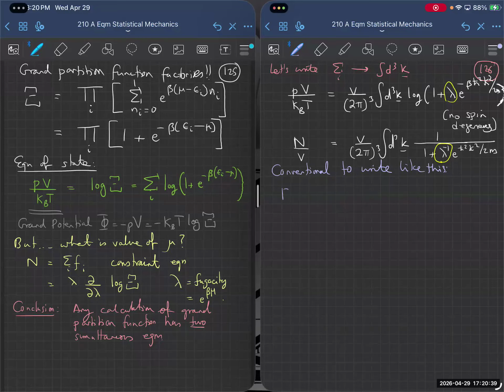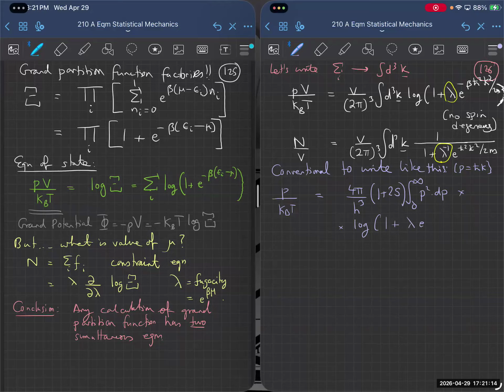So P over KBT is equal to 4 pi over h cubed times 1 plus 2s, the spin degeneracy, times the integral from 0 to infinity of p squared dp, where p is equal to h bar k, times the logarithm of 1 plus lambda e to the minus beta p squared over 2m.